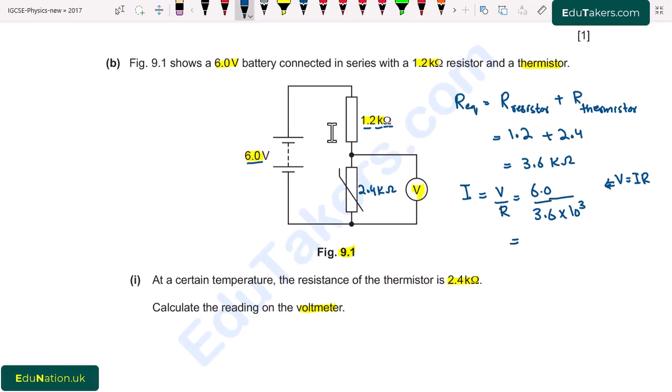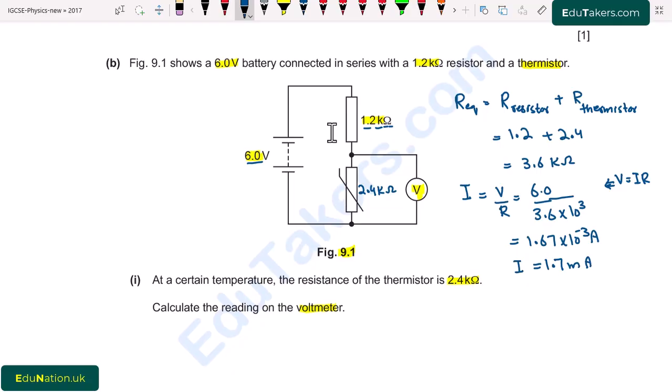So it will be equal to 1.67 into 10 to the power minus 3 ampere, which is also equal to 1.7 milliampere. It means that current of 1.7 milliampere is passing through the circuit.